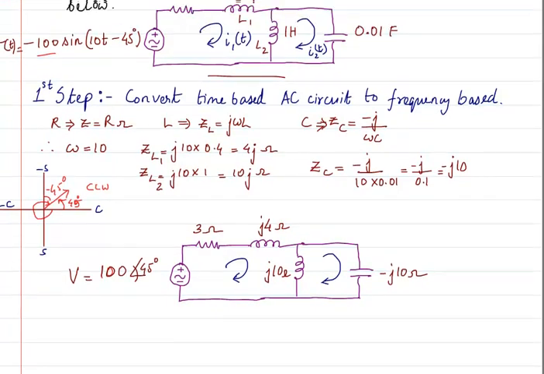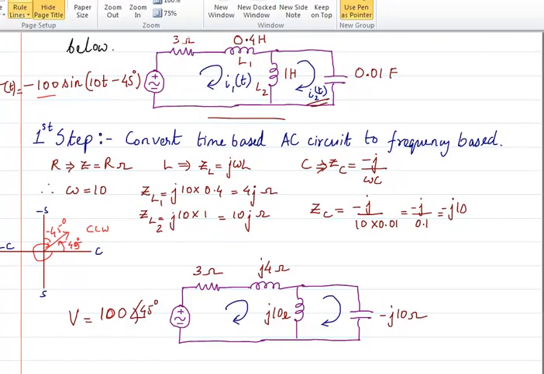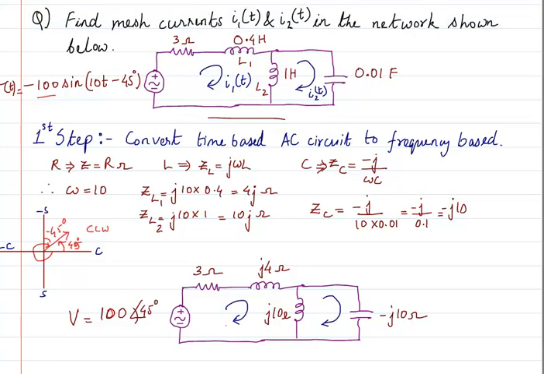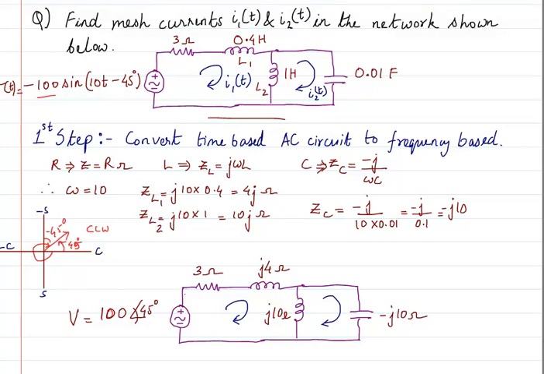Now look here very carefully. This current is small i1 and this is small i2. That is okay for the case of time-based circuits, but for a frequency domain circuit, I will write this as capital I1 and this will be capital I2.